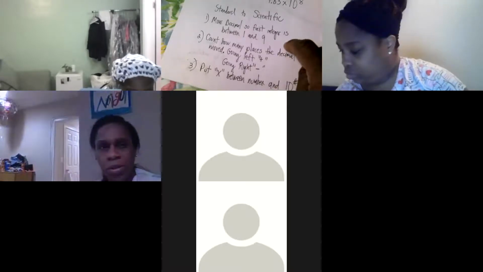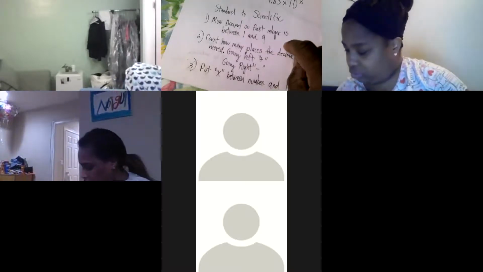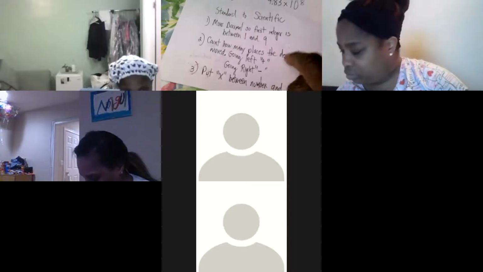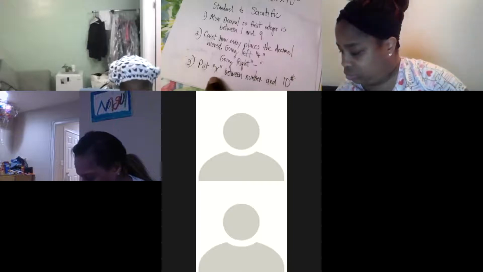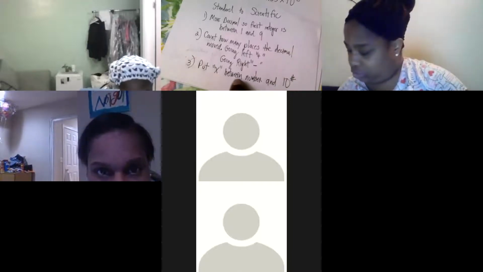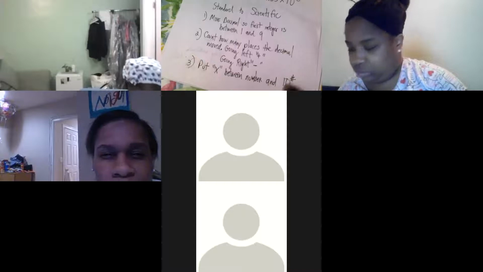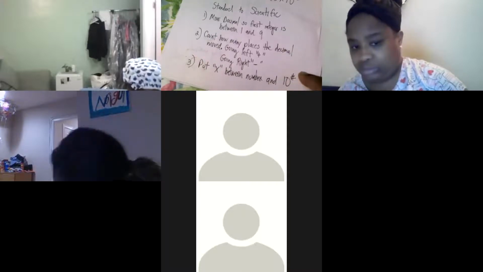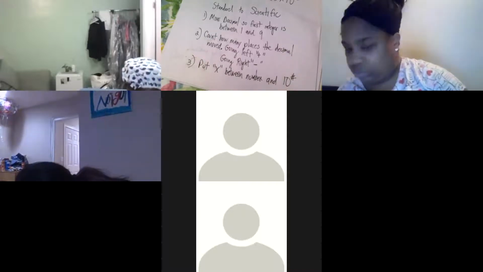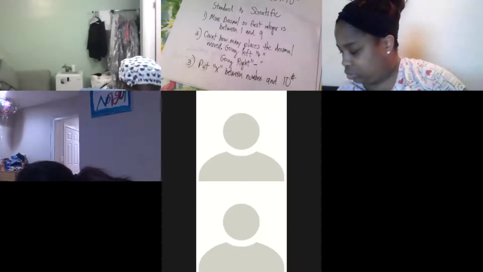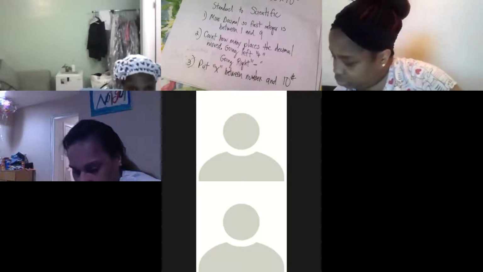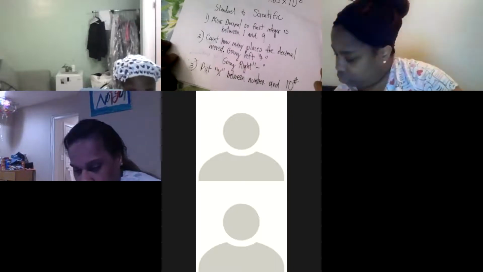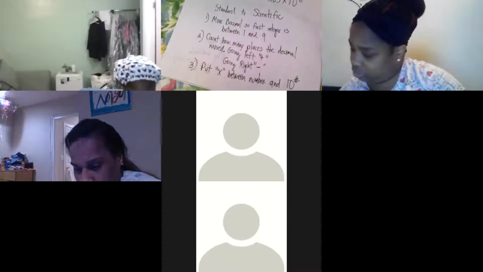Move the decimal so the first number is between 1 and 9. Count the number of decimal places you moved. And then you're going to put an X in between the number and 10 to whatever the number is of the places that you moved. If you're going left, it's positive. Going right is negative. So when you have that copy, I like to do a couple examples.